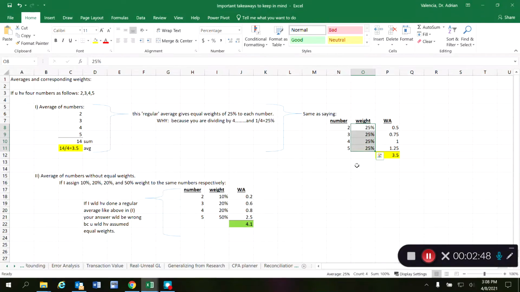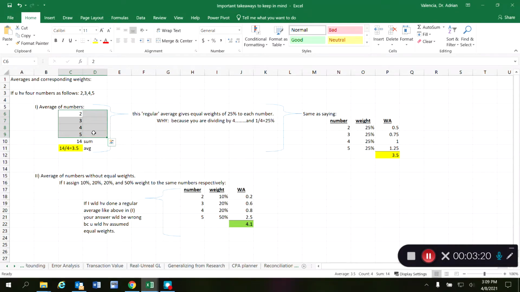If you were trying to determine, for example, the average interest rate that you pay for all the loans you have in a company, and one loan is 2%, the other one's 3%, and so forth, and I just sum them up and divide by 4, like I did here, then that's implying that I have equal amounts of each type of loan, and that's not always the case.